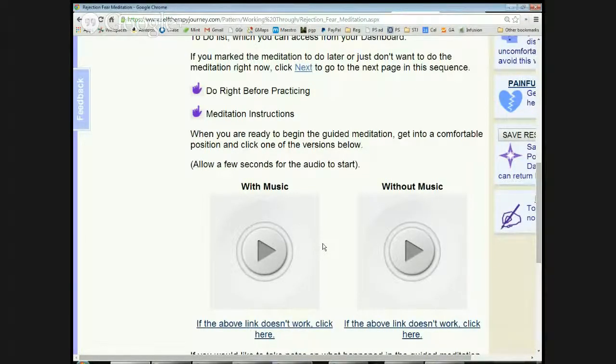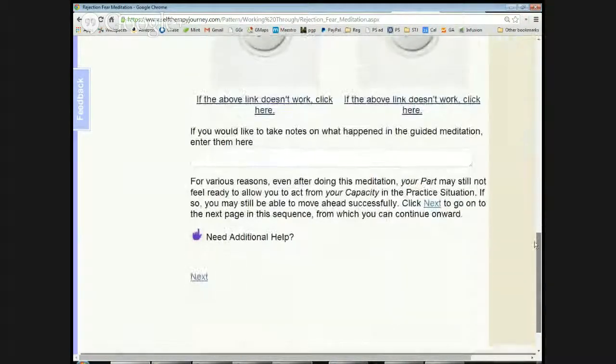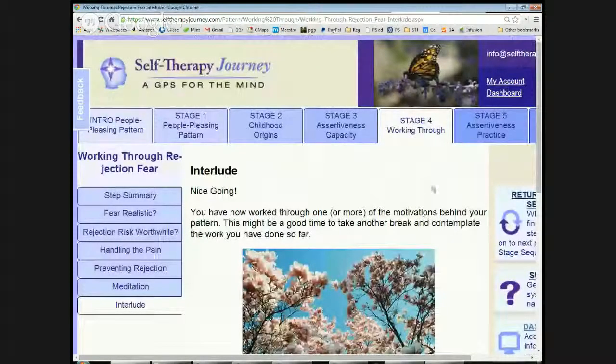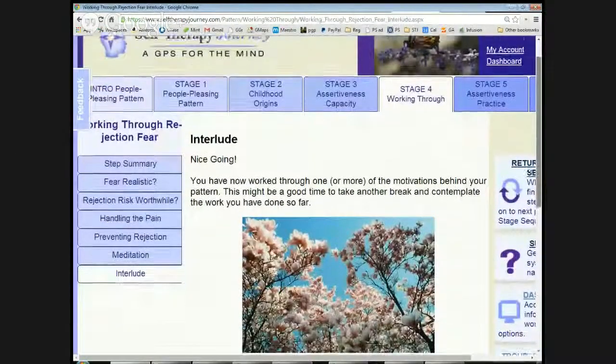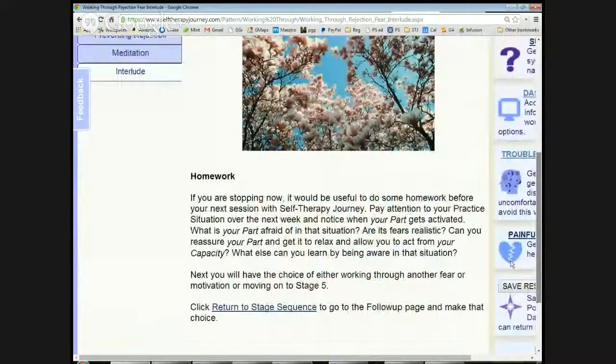So your attempt here is to reassure the part that it doesn't have to please people in that situation. And so that's what that guided meditation is for, and then that finishes this step sequence.